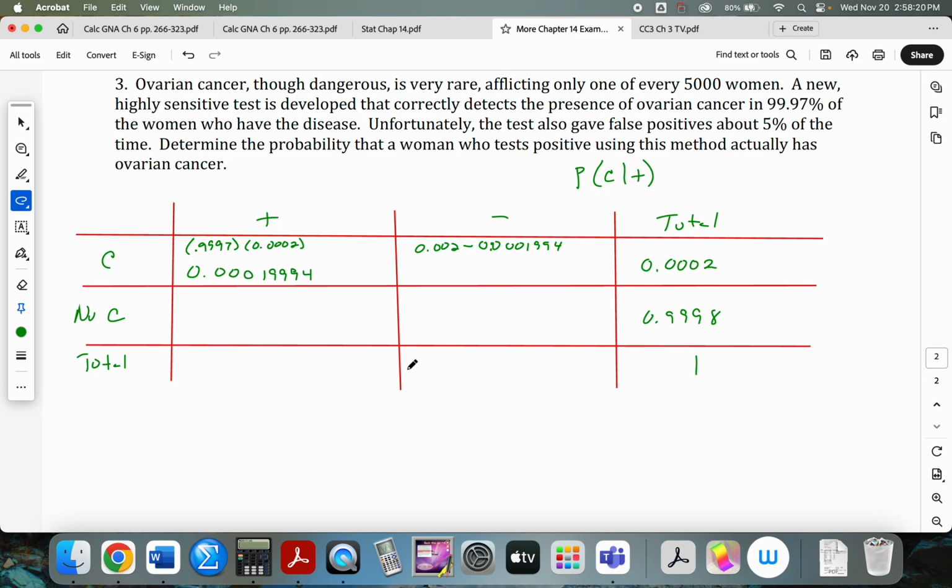I left off a 0, that's what happened. 0.0002 minus that answer is 0.1234, 7 zeros, 5, 6, 7, 6.